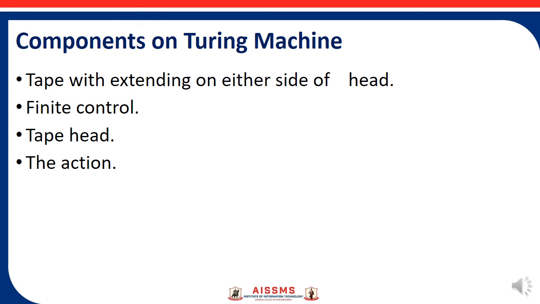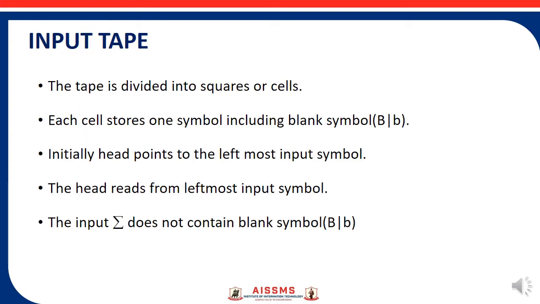So coming to the components of Turing machine, we have a tape extended on either side of the head, a finite control, and a tape head with the action of moving from left to right or right to left.